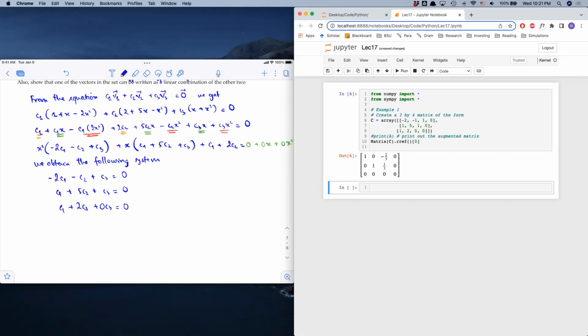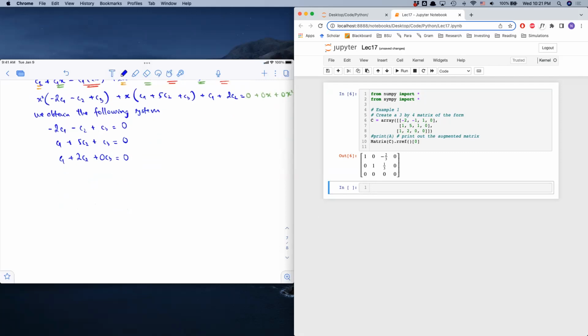It's a little bit different from the last few examples that we have. In this case, the reduced row echelon form is not going to give you trivial solutions. In fact, it's going to give you some solution that is different from zeros. We call that the non-trivial solutions.